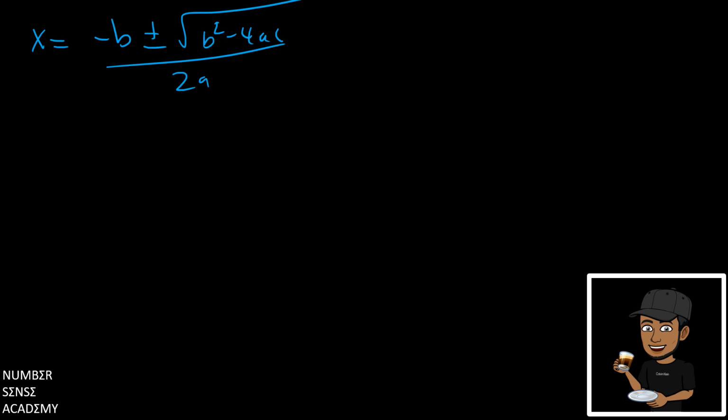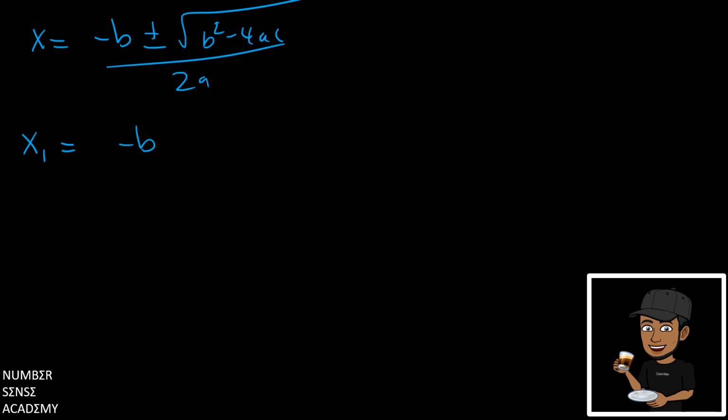Now, because we're trying to find the roots, and in some cases there are more than one root, if I write this back out again, I have x equals negative b plus or minus the square root of b squared minus 4ac divided by 2a. There's going to be two values in most cases, or in some cases. And in order to find those two values, I have the first value, I call it x1.